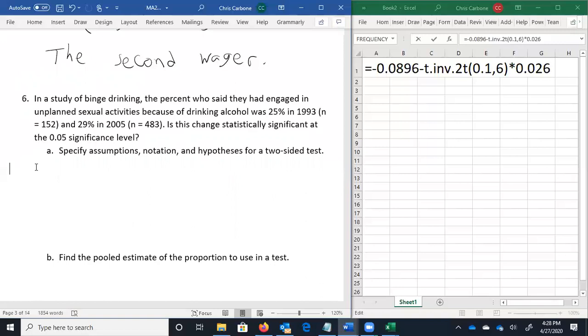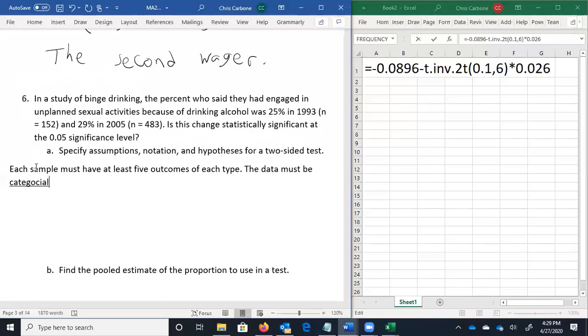You could find all this wordage on that PDF that I gave out, but to write it all out, since there's one portion that you have to choose from, each sample must have at least 5 outcomes of each type. And they specify, success and failure. The data must be, and let me underline this because this is an answer choice option, categorical, not quantitative, not numerical, categorical.